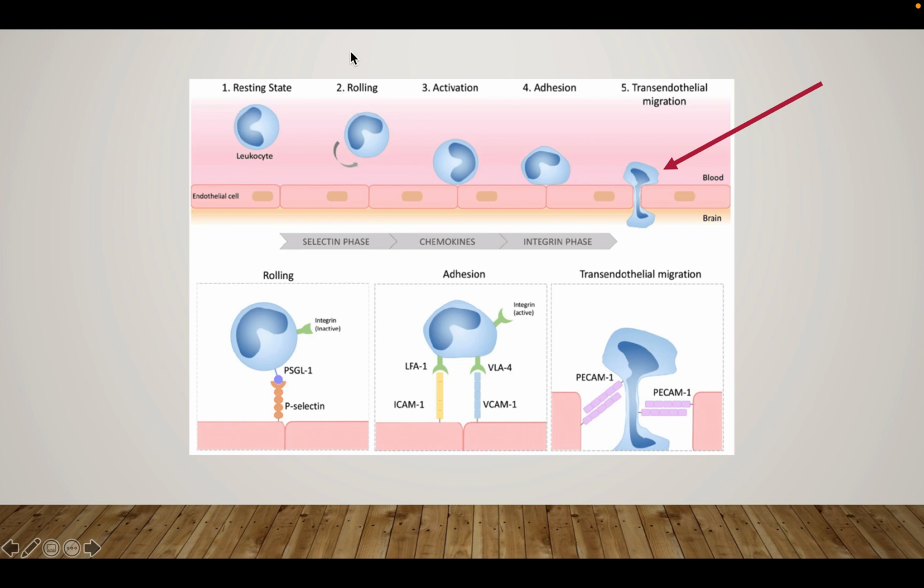So there's this whole thing of rolling, activation, adhesion as it adheres to the endothelial cells, and then it squeezes through. And there's a whole series of molecules that act with this. But the idea here is that it is just squeezing through these vessels. Now it has entered this space, and it can perform its functions as it relates to the tissue injury.